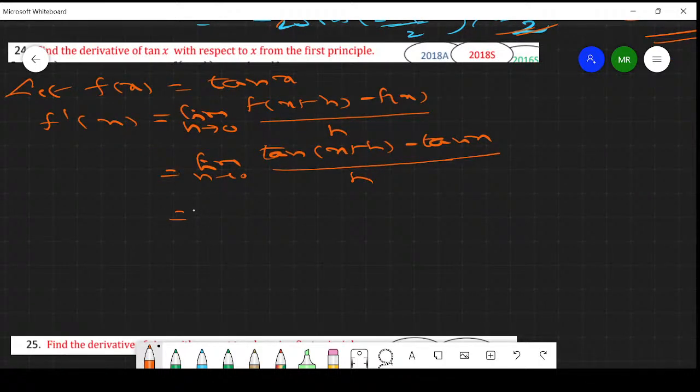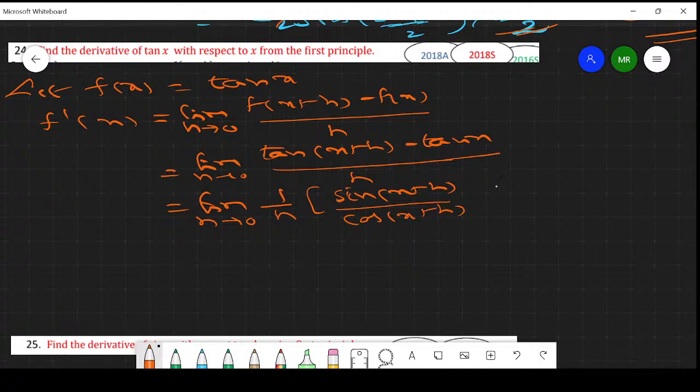Now I can write limit h tends to 0, 1 by h into tan, meaning sin of x plus h by cos of x plus h, minus tan x, meaning sin x by cos x. Just write sin x by cos x. You take LCM.